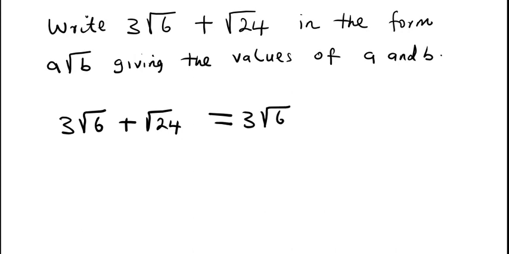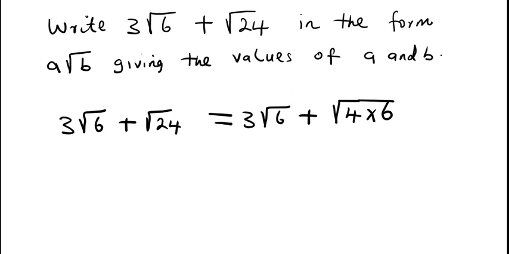Which numbers do we multiply to give us 24, where one of the numbers must be a perfect square? Then we have root 4 times 6. 4 times 6 will give us 24, and 4 is a perfect square.